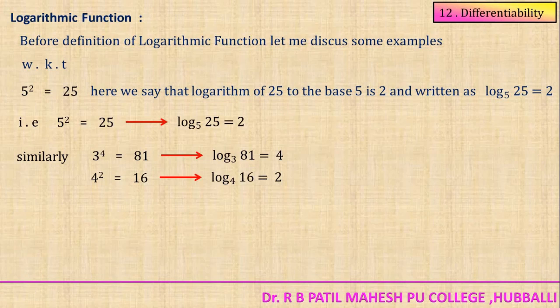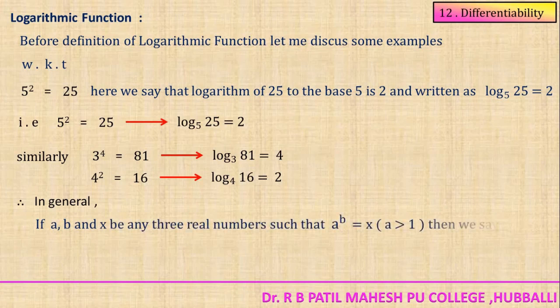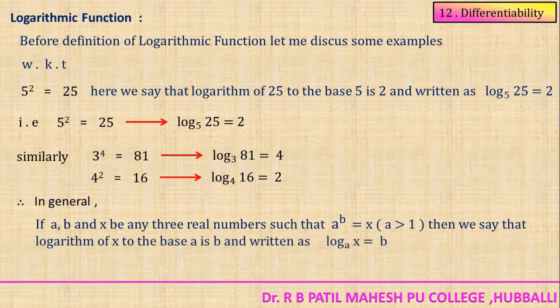Okay, now I take a general form, then I define the logarithmic function. Therefore, in general, if a, b, x are any three real numbers such that a raised to b is equal to x and a is greater than 1, then we say that the logarithm of x to the base a is b, and it is written as log x to the base a equal to b.